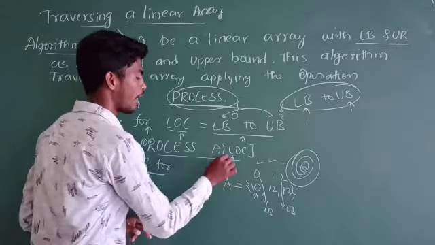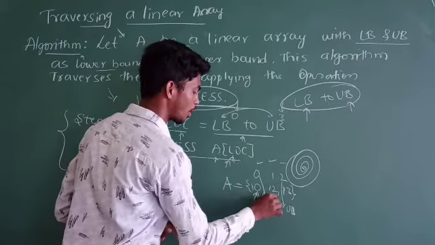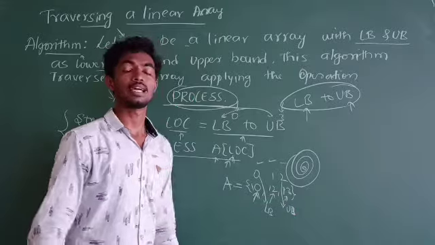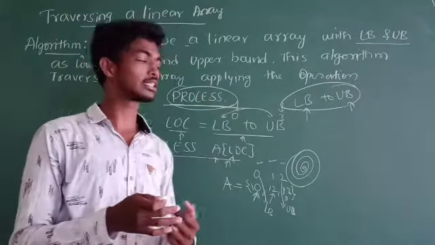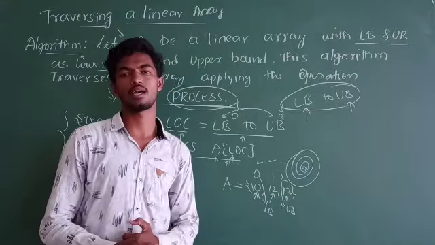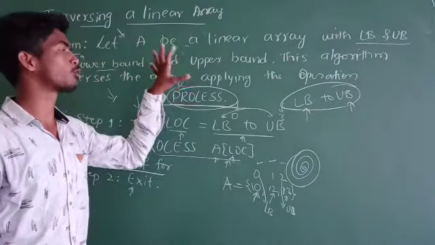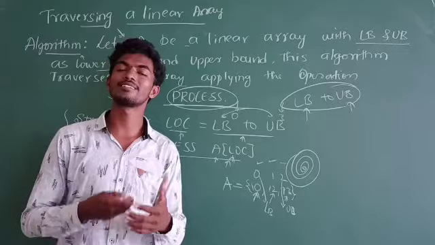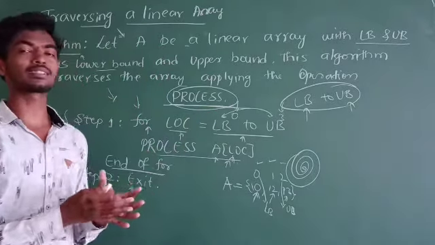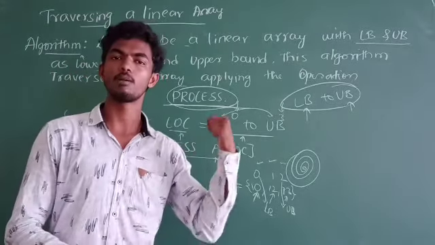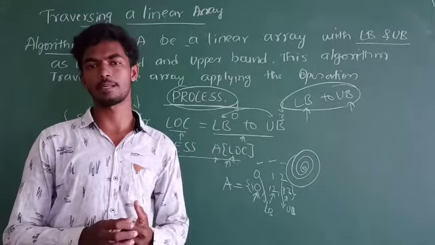That means we have to process 10, 12 and 13. That is what we are saying: visiting each element of a given array. This is the algorithm for traversing a linear array. Let us discuss a programming example for traversing a linear array.